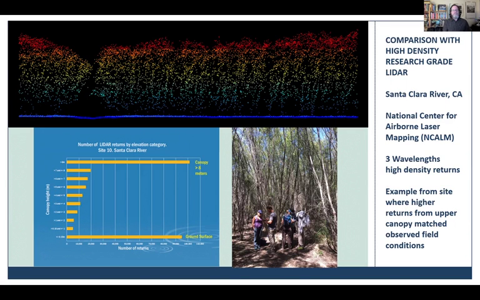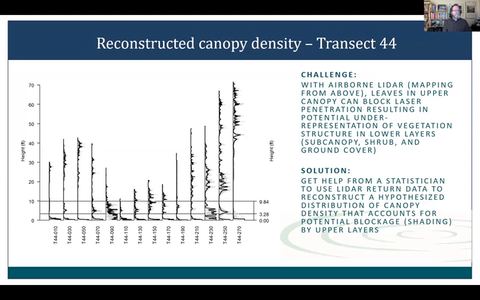So this is an indication that maybe there is something to do with just the quality or the density of the LiDAR, as well as perhaps the way they arrange the flight paths that might enable us to improve our results next time around. The other example of trying to improve our LiDAR results is shown here.